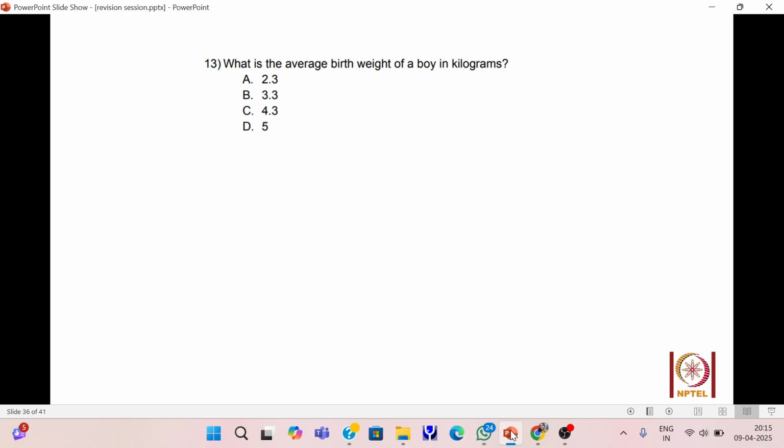What is the average birth weight of a boy in kilograms? 2.3, 3.3, 4.35. Let's see, the correct answer is B, 3.3.